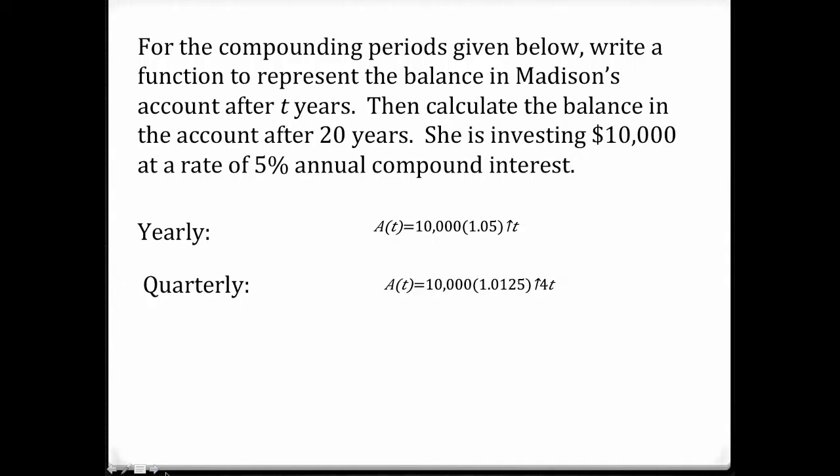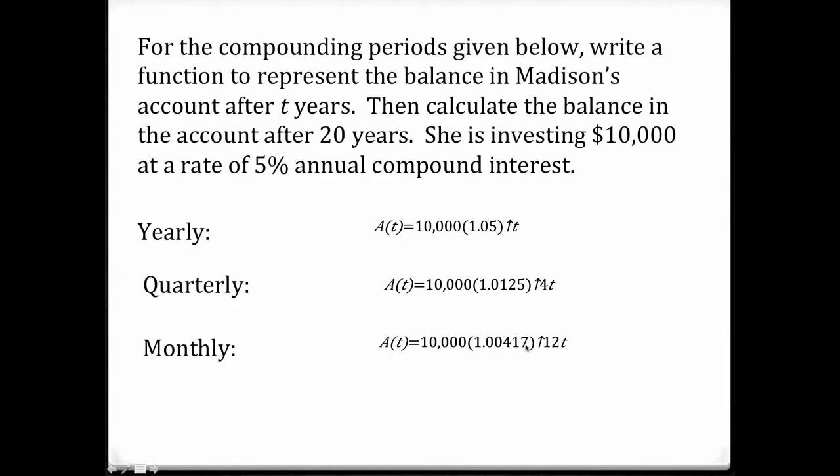Quarterly, I'm going to have my $10,000, and we just went through this example. It's 1.25% for 4 periods, and I have to account for 4 periods over the amount of time we're investing it. And in a minute, we'll go back and figure out that 20 years. Monthly, well, I would have to divide that 5% by 12. So I'm going to get an interest rate, and yes, guys, I'm going to have to go out pretty far.